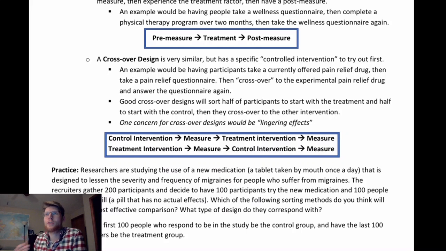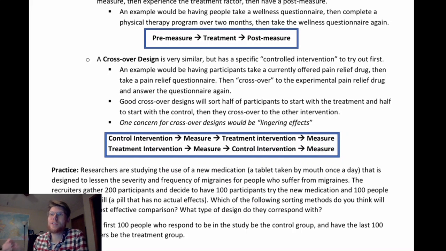So there's certain things that can confound that comparison a little bit, where it's not just a clear A, B, there's no crossover in terms of my experience. So you always want to be careful about whether there's a lingering effect that we should consider before using a design like that.